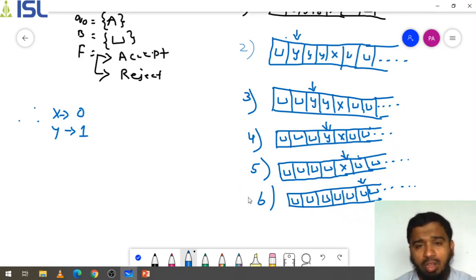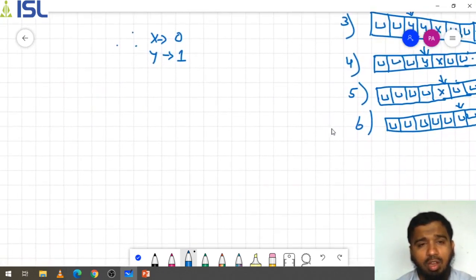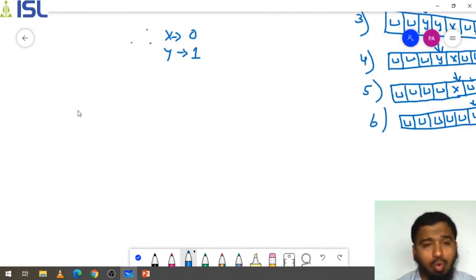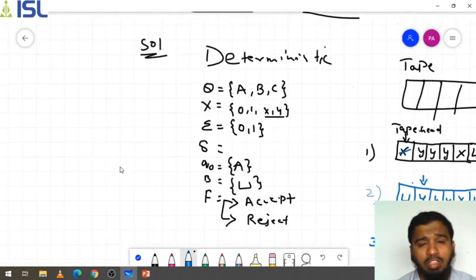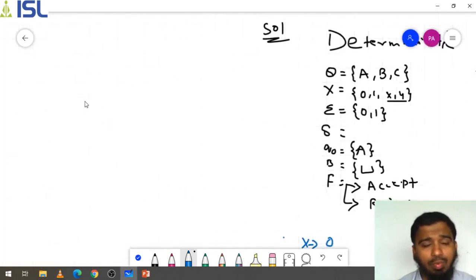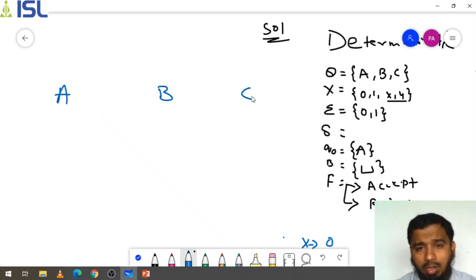So, do not worry, I will show you here the state diagram of this. So, how many states do we have now? Here, how many states do I have? A, B, C. So, we will take A, B and C. I have 3 states.